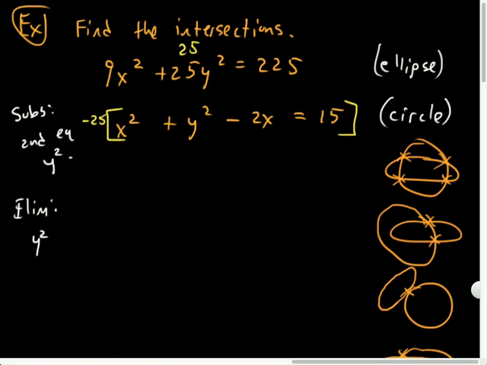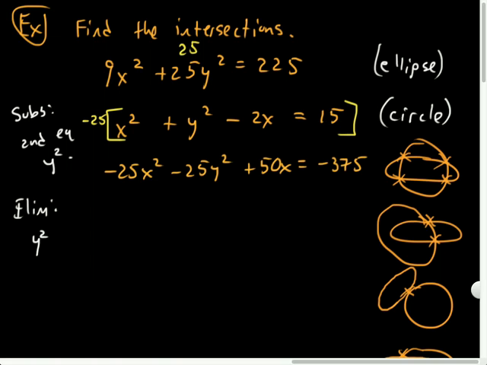And let's see if I can actually do this math. So negative 25x squared, negative 25y squared, and plus 50x equals, and 25 times 15, I didn't have to memorize that one in 3rd grade, guys. Negative 375.